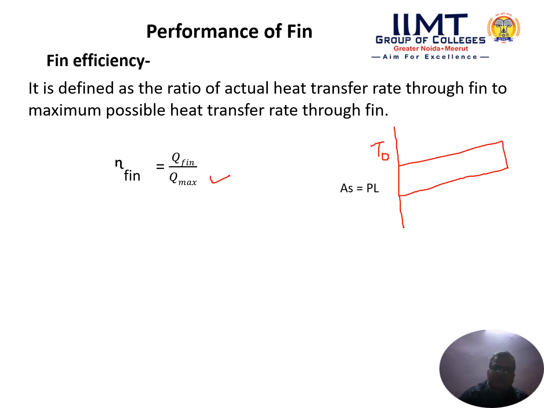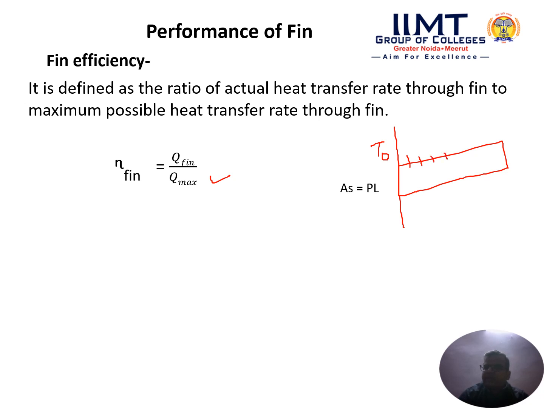What should be the maximum possibility of heat transfer rate from the surface? When we move outward from the base of the fin, the temperature of the fin gradually decreases.